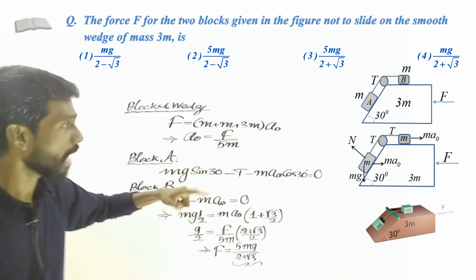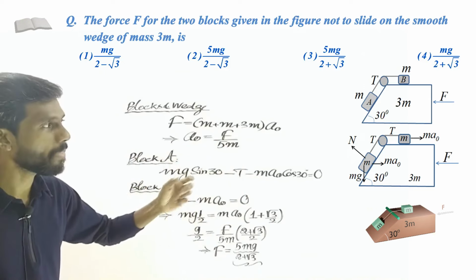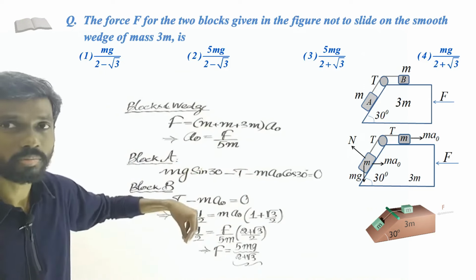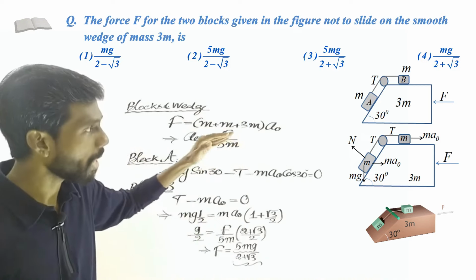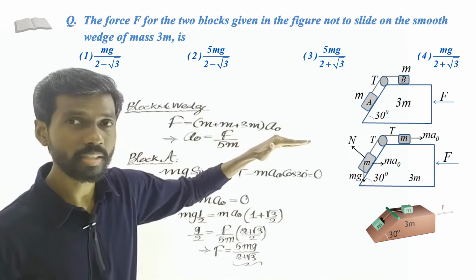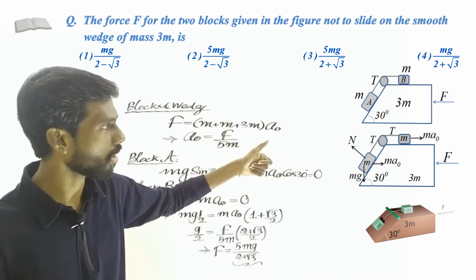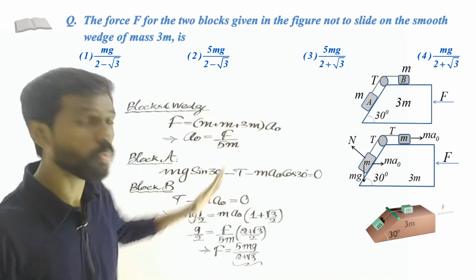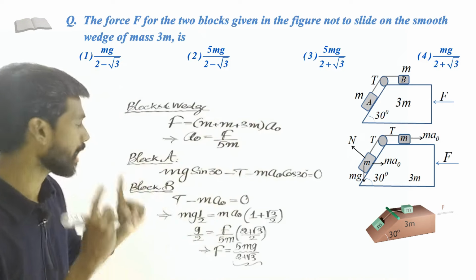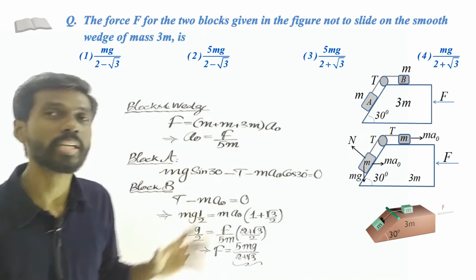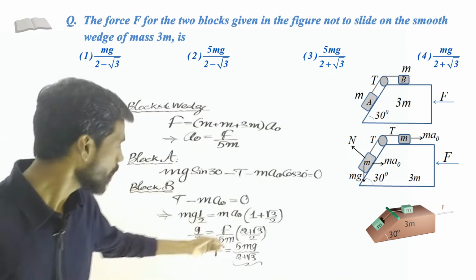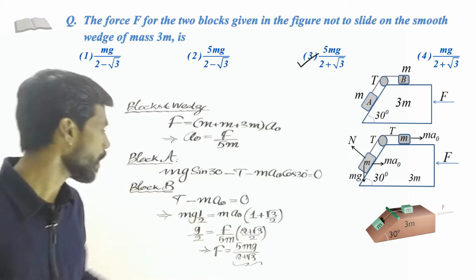If the force is less than that, maybe block A will slide down. Depending upon the force F, block B may move in one direction or the other, and block A may slide down or move up. But exactly when F is equal to this, these two are in equilibrium with respect to the wedge. So the answer is 5 mg divided by 2 plus root 3.